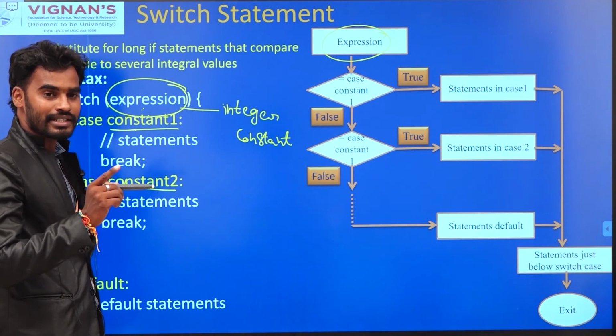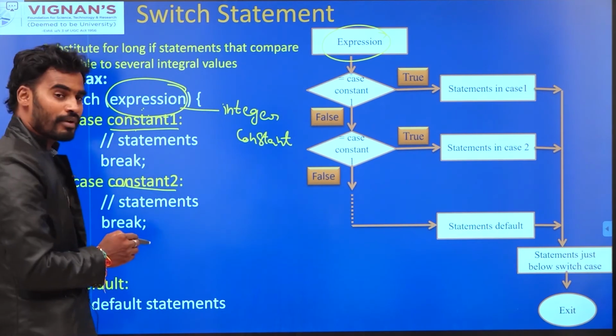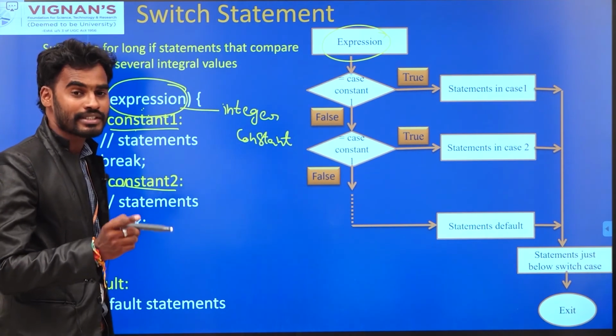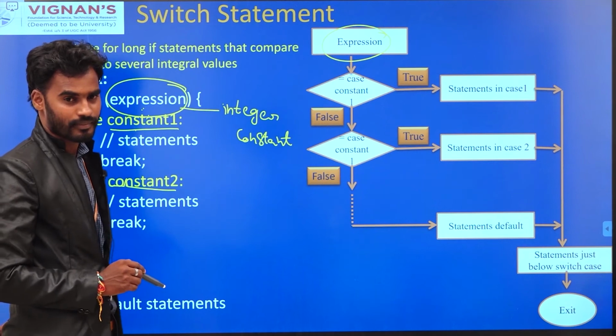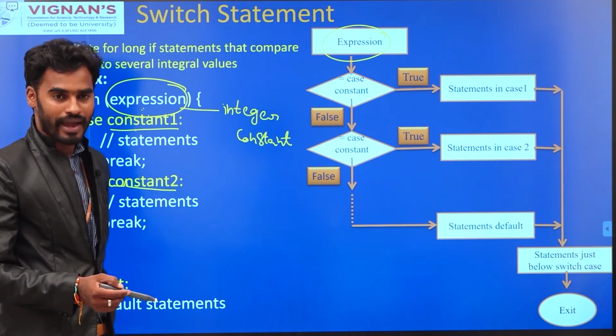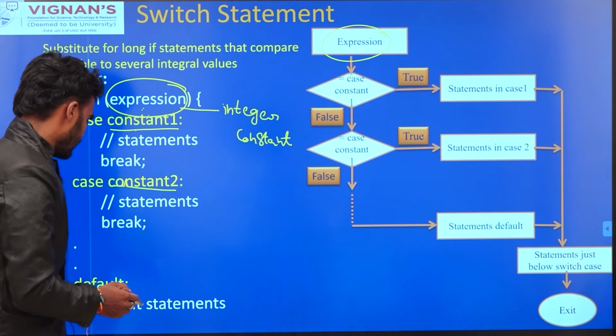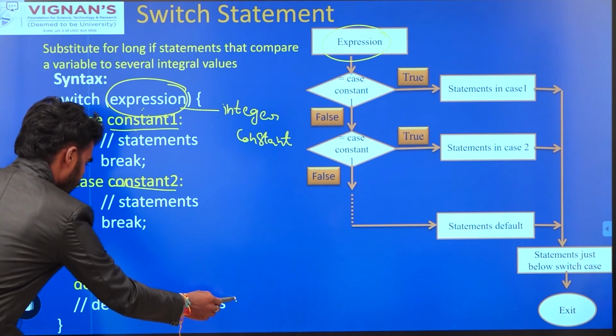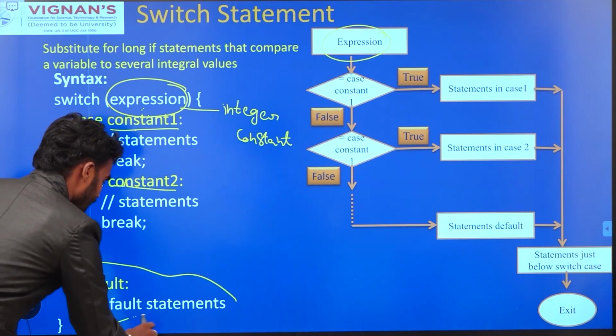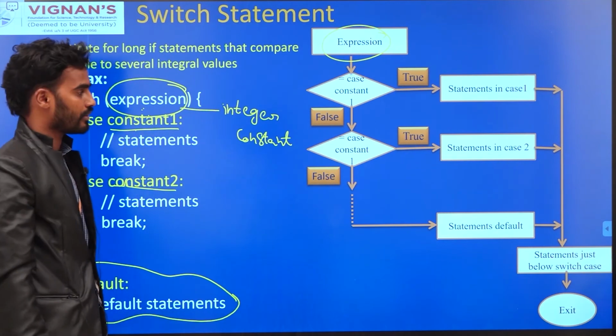Only the instructions inside the matching label will be executed and the remaining statements will not be executed. If no label is matched, then the statements under the default label will be executed.